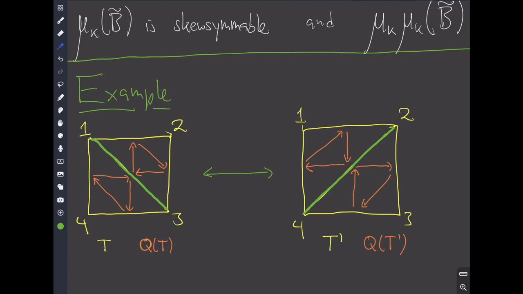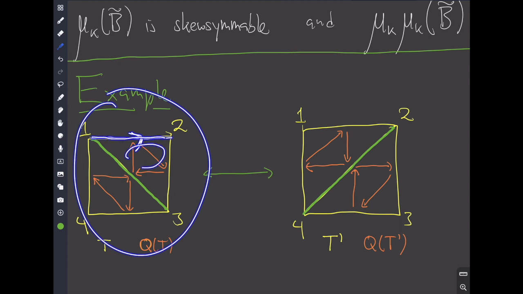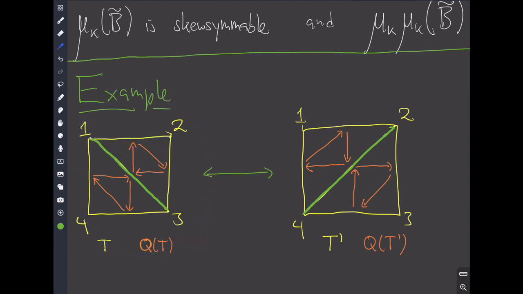For such an arbitrary triangulation, here in the case of the square, you can still make this an arrow from 1 to 2 by declaring that you orient it clockwise around that triangle.